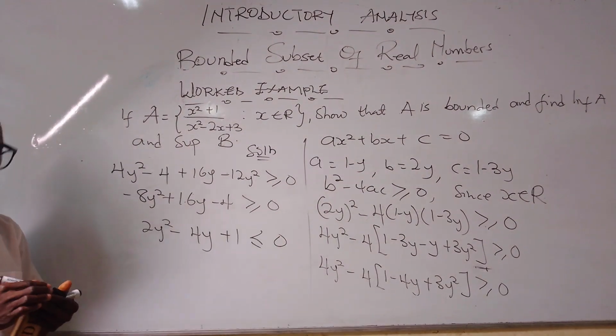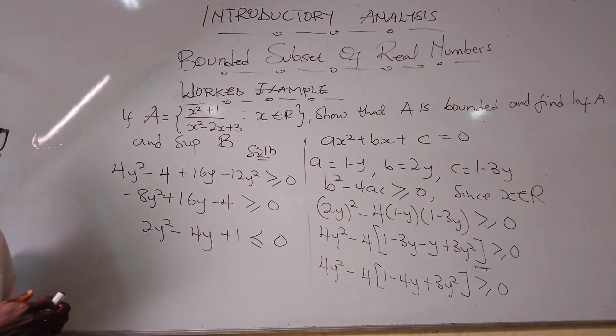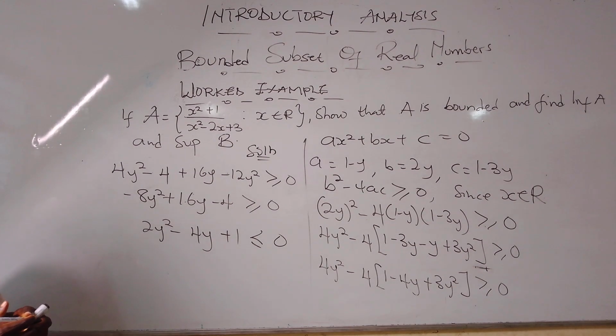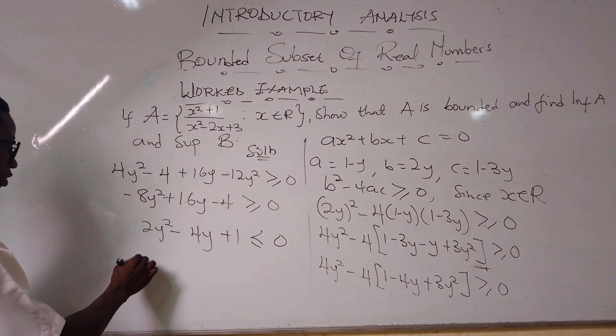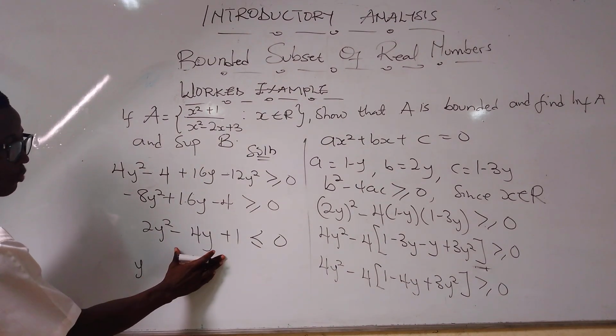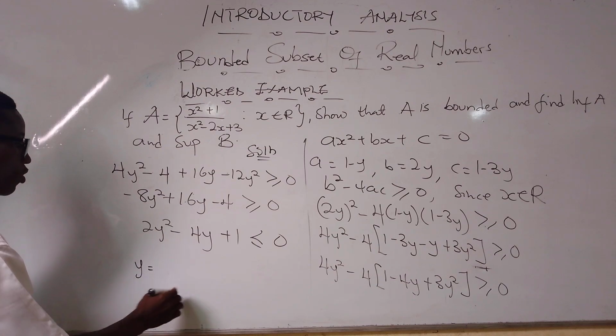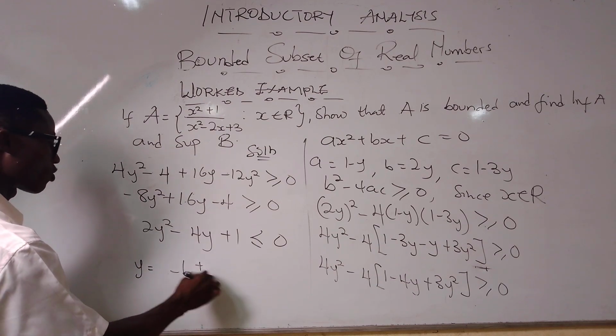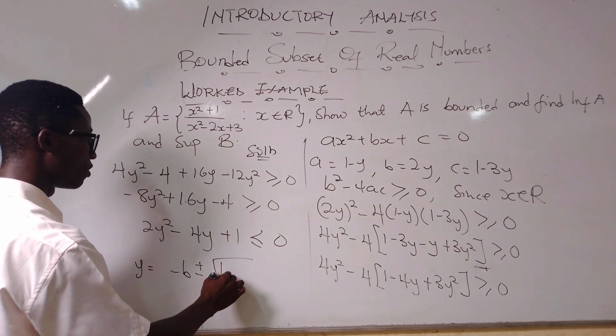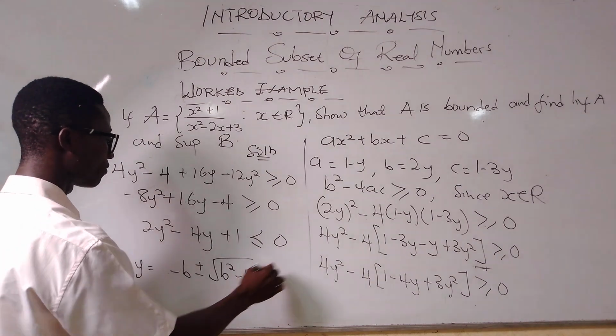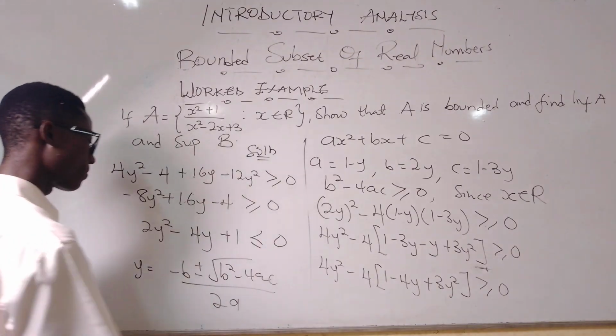Now here, we can solve this one using so many approaches. But let's use the quadratic formula, which is, since the variable here is in terms of y, y is equal to minus b plus or minus square root of b squared minus 4ac all over 2a.